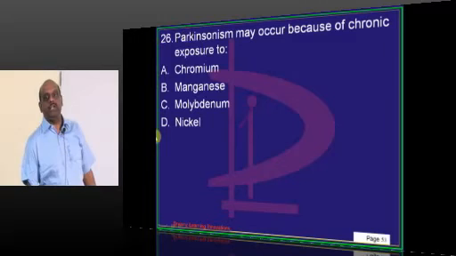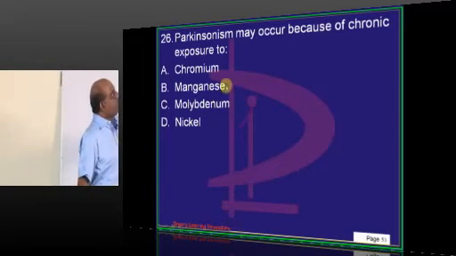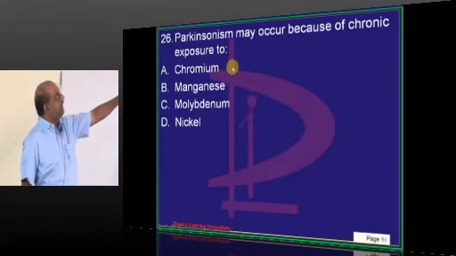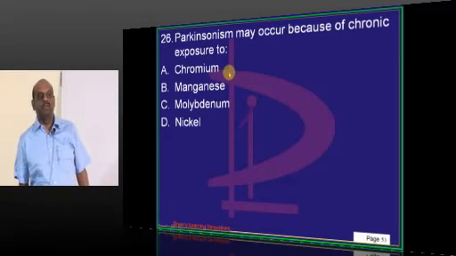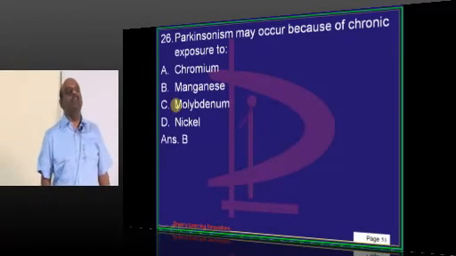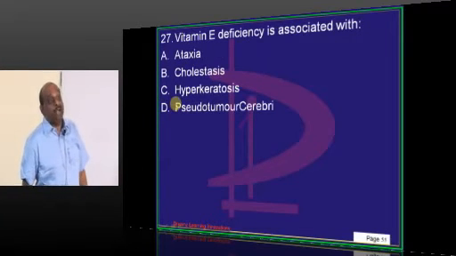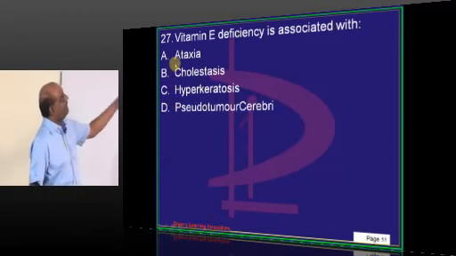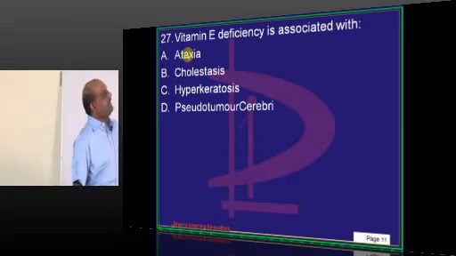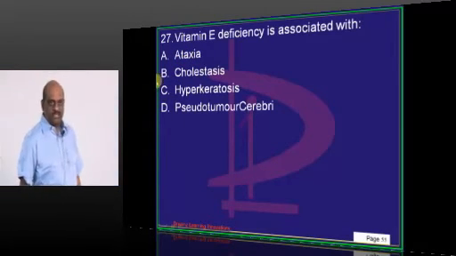Parkinsonism can occur due to exposure to, this you can easily answer. Exposure to what? B, manganese. MPTP exposure, manganese exposure, etc. What happens in vitamin E deficiency? You would like to say hyperkeratosis.